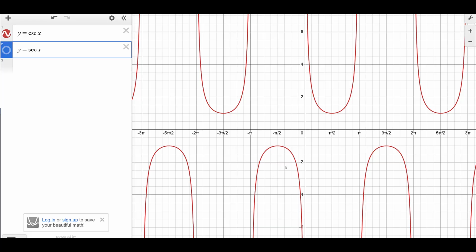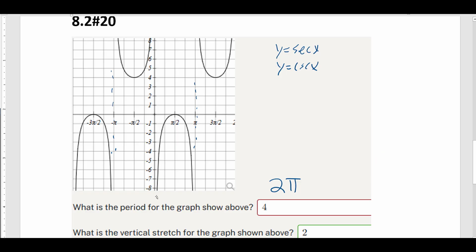The second thing I want to highlight is that the lowest the upper part comes to is positive 1, and the highest the lowest part comes to is negative 1. Now if we go back to the graph we're talking about, normally it would be coming down to 1 and up to negative 1. So obviously we're going to have an issue with that.